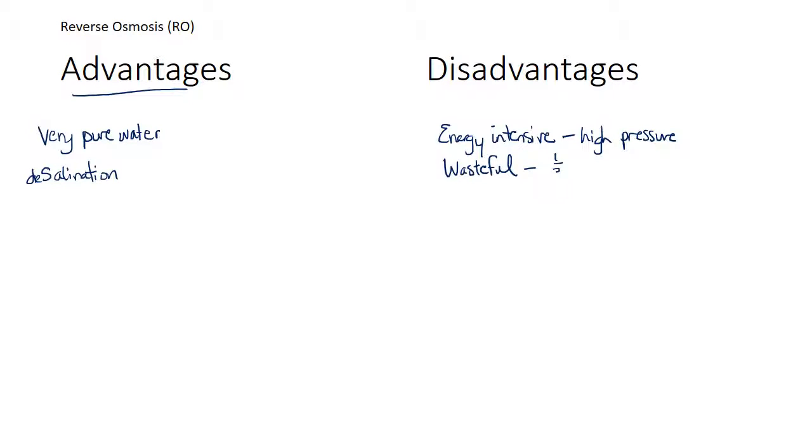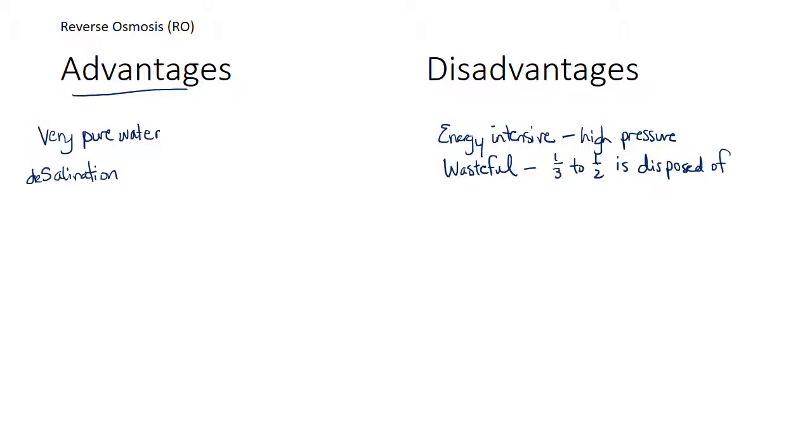As much as 1/3 to 1/2 of the total water has to be thrown out. This is because after you have applied pressure to it, you have pure water on one side, you still have the impure water on the other side, and that impure water needs to be disposed of.